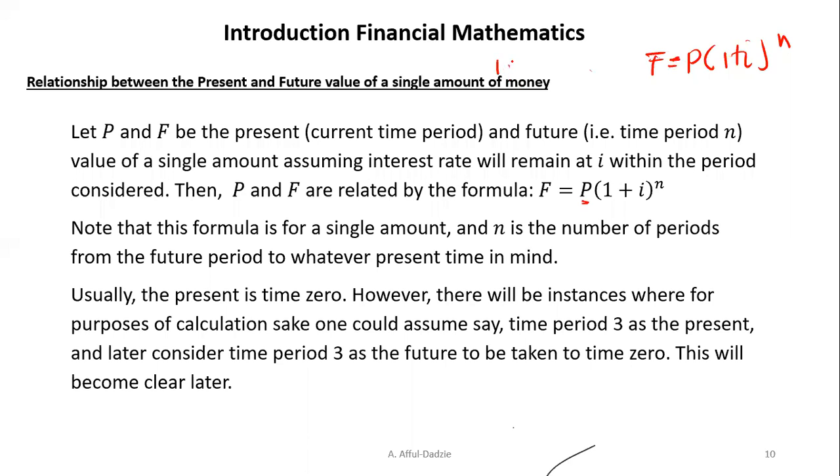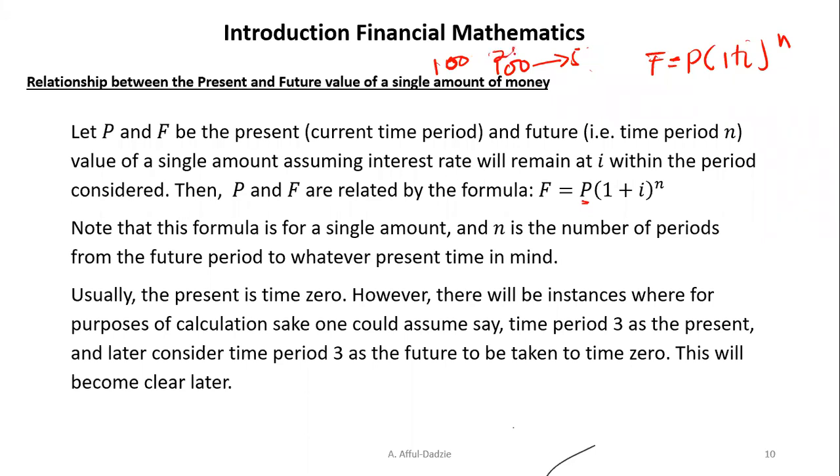So if I have 100 cedis at a certain interest rate over a certain time period, i is the interest rate, n is the number of, maybe, years or months. With this expression, we can know what 100 cedis will become in, let's say, 5 years or in 4 years. Let's say today we are in 2021.